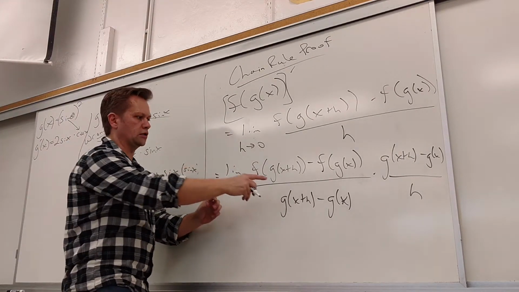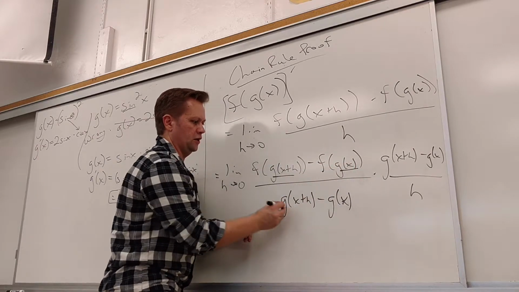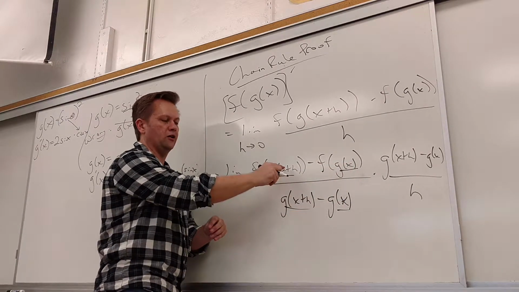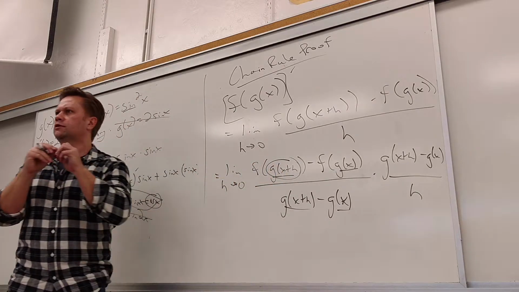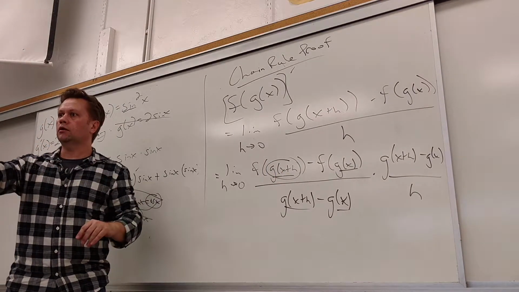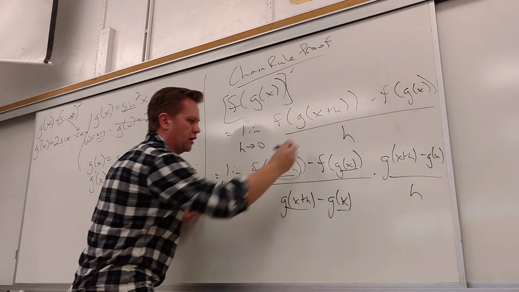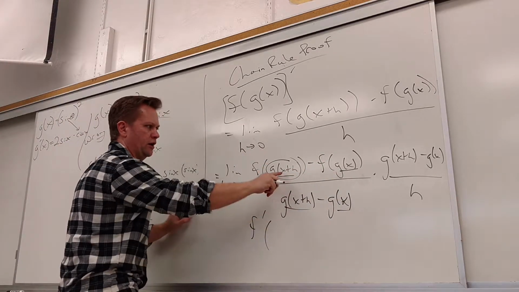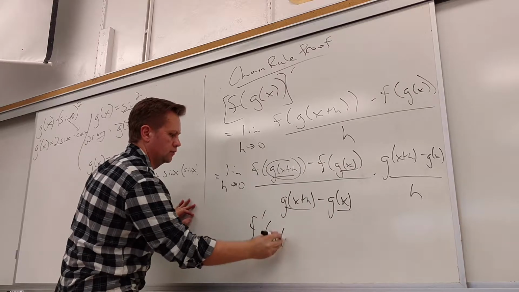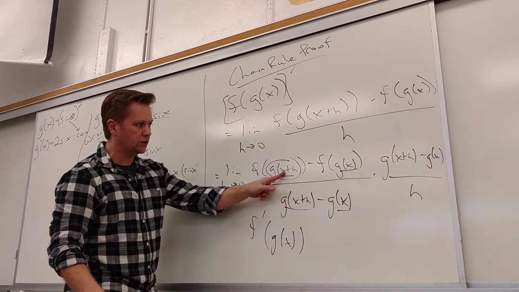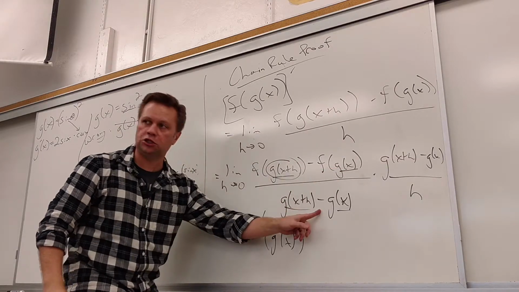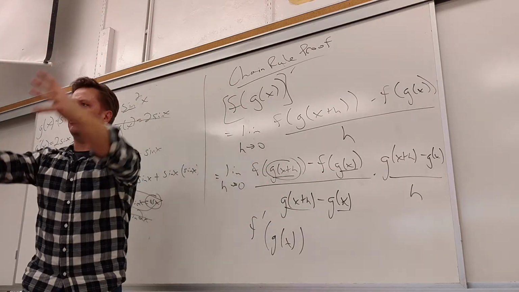Well, doesn't this look like input? Doesn't it look more like f of x plus h? I don't know if you understand what I'm trying to say. What is this the derivative of? This will be the derivative of f prime of g of x. Normally when there's an x plus h and an x and an h, I get f prime of x.